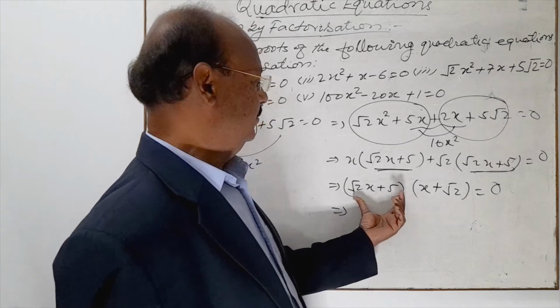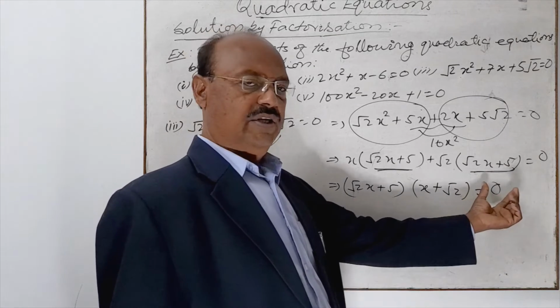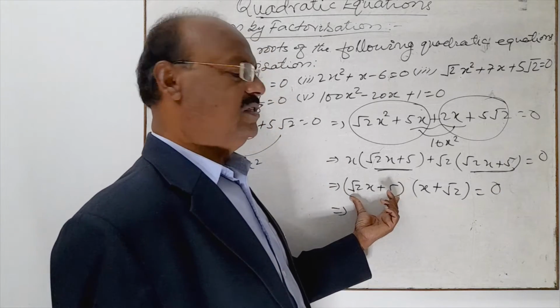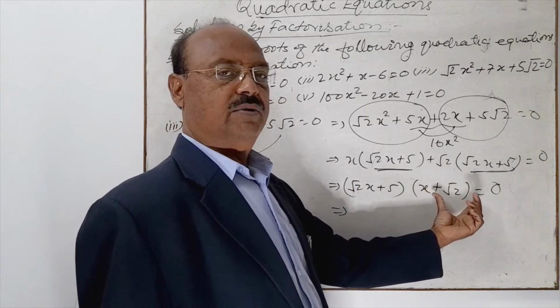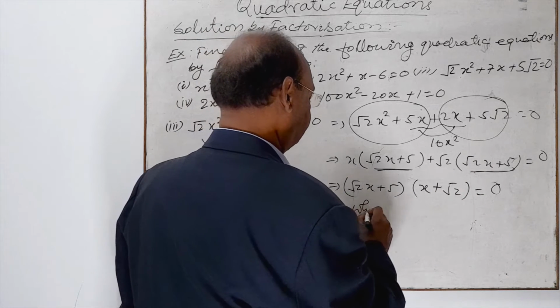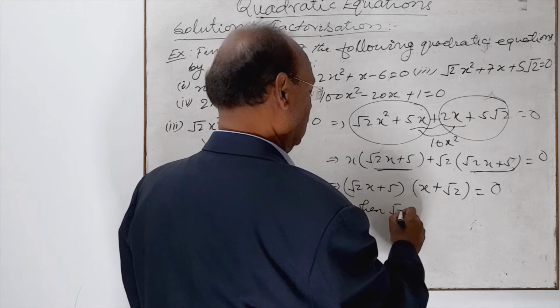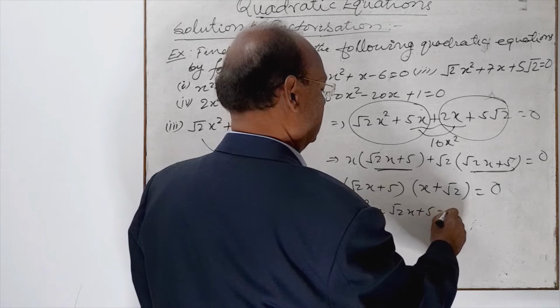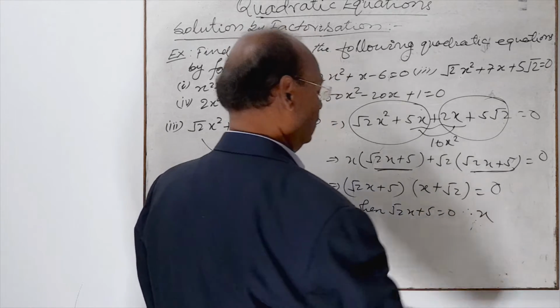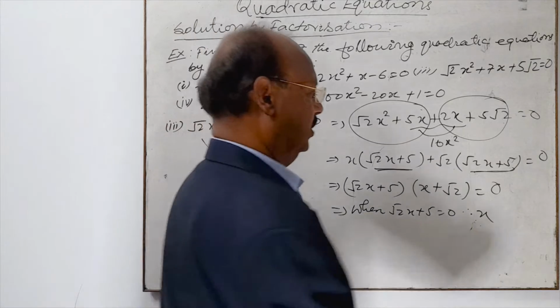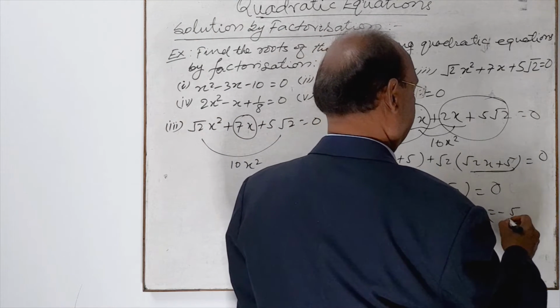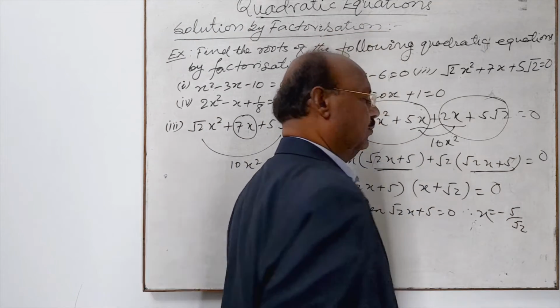And the product of these two expressions is 0. It means either this part is 0 or this part is 0. So when the first part, root 2x plus 5, is equal to 0, you get the value of x equal to minus 5 by root 2.